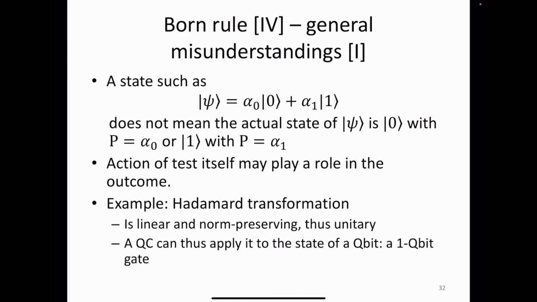So it is a 1-qubit gate in that case, but it can generalize to n qubits. Since the states 0 and 1 form a basis, this determines the action of the Hadamard gate on a 1-qubit state. Because it's linear and norm preserving, it's unitary, and it's therefore the kind of operation a quantum computer can apply to the state of a qubit.